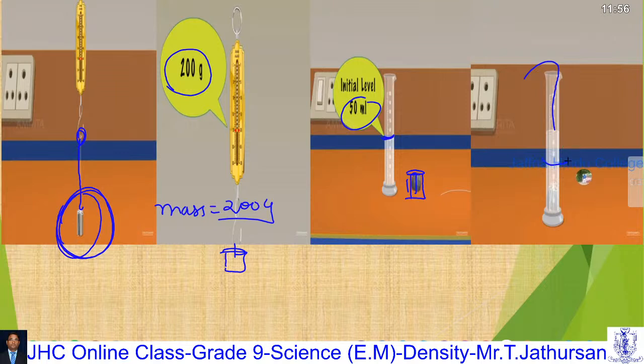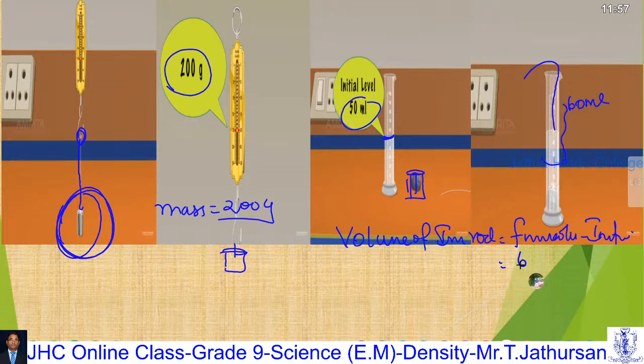The water level goes up to 60 milliliter. So the volume of the iron rod equals final volume minus initial volume.